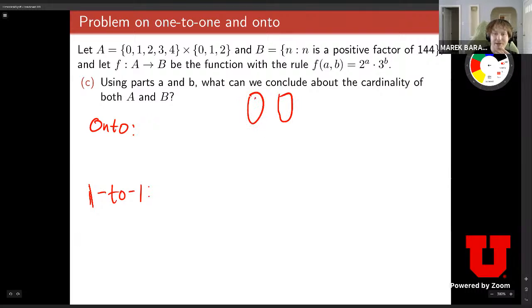If we remember our picture, since it's onto, the codomain can be smaller than the domain. So this tells us that the number in B is less than or equal to the number in A.